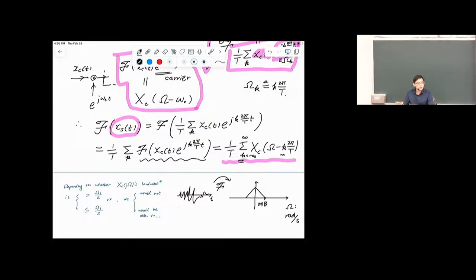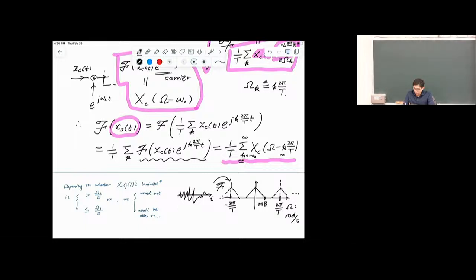So in the end, we have infinitely many copies shifted to the right by 2 pi divided by t, or to the left by the same amount, 2 pi divided by t, and so on.